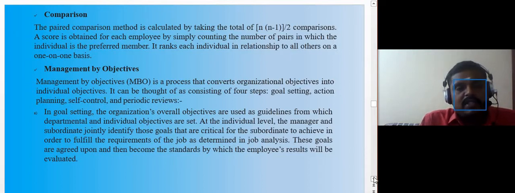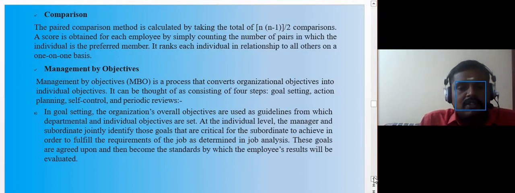Management by objectives is a process that converts organizational objectives into individual objectives. It can be thought of as consisting of 4 steps: goal setting, action planning, self-control, and periodic reviews. In goal setting, the organization's overall objectives are used as guidelines from which departmental and individual objectives are set.